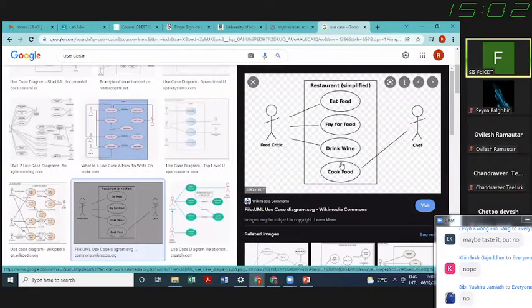So this is a very simple example of what's known as a use case diagram, something that's going to be very important eventually. And we have this in the analysis phase, where we come up with use case diagrams. We can further explode these processes and have more detailed use case diagrams.